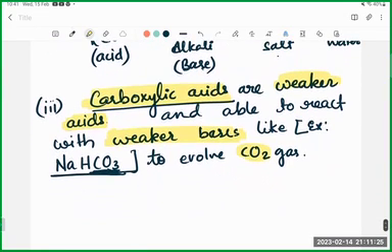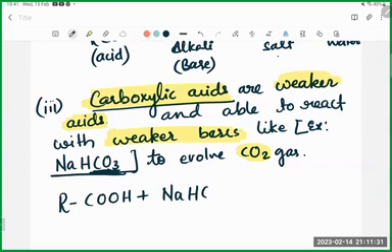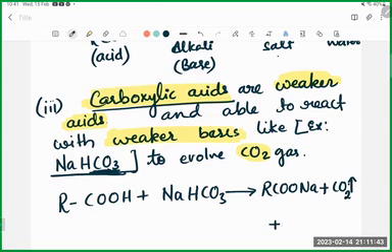Okay, Hridaya, can we see the chemical reaction? RCOOH treated with sodium bicarbonate, correct? It will produce the salt, the same salt, RCOONa, sodium carboxylate. Which gas goes out? Same. The only difference over here is carbon dioxide. Rest is all the same as the acid base reaction.